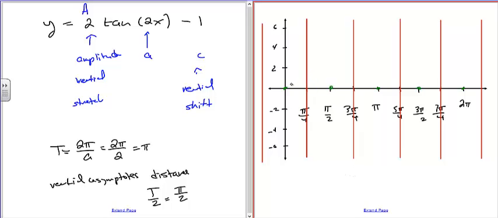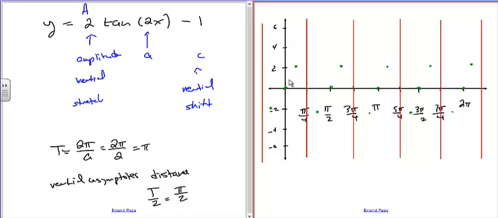Without the vertical shift, I would go over halfway between the x-intercept and the vertical asymptote, and I would go up 2 units. The parent function would go up 1 unit. Over here I go to the left halfway, go down, and then you just repeat the same pattern through each one of these situations. Like that. So that's the green.